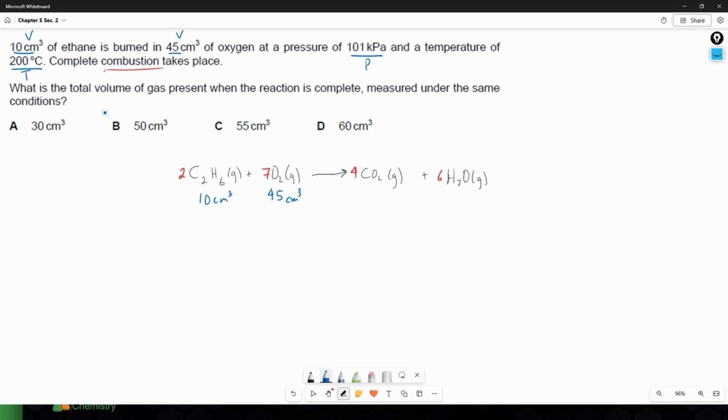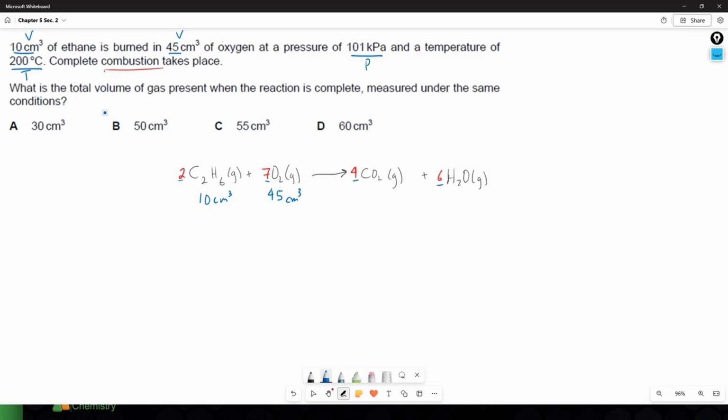But that would take a really long time. This is a multiple choice question in paper 1 that shouldn't take you more than 1.5 to 2 minutes to do. So how do we do this quickly? Well, because we have volumes here, we can use the mole ratios as the ratios, not for moles, but for the volume.